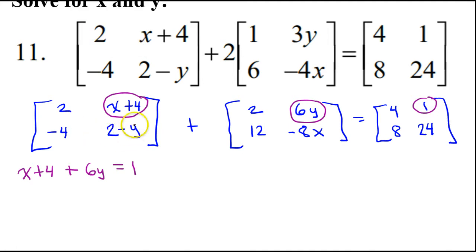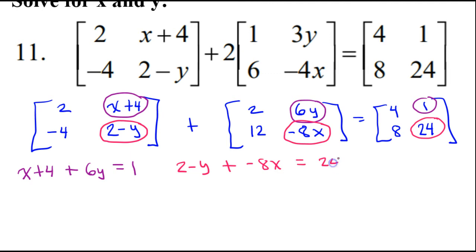Okay, I need another equation, so let's look at this element. Look at all the corresponding elements, the second row and the second column. I can make an equation out of all of these. Because 2 minus y plus negative 8x should equal 24.